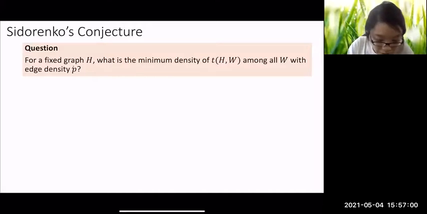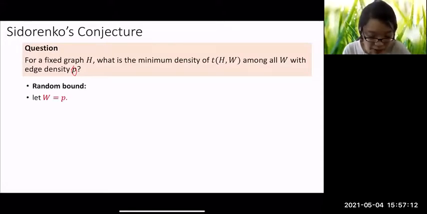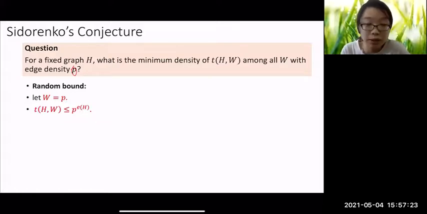So we fix p, and we ask among all graphons with edge density p, what is the minimum density of t_H(W)? Again, we can do the random bound trick because it's always easy to do. The random bound here is just W being the constant graphon p. And then if we plug it in, we have an upper bound for the question, which is that t_H(W) is at most p to the e(H), given by the random construction.